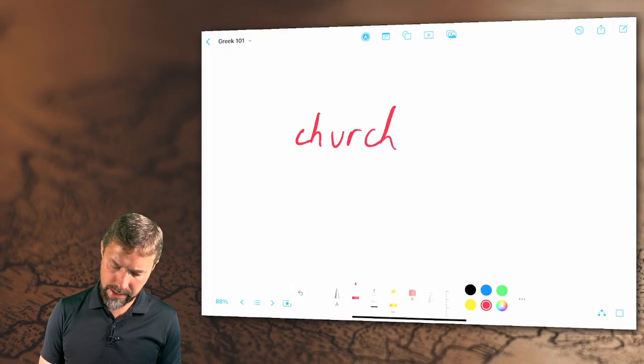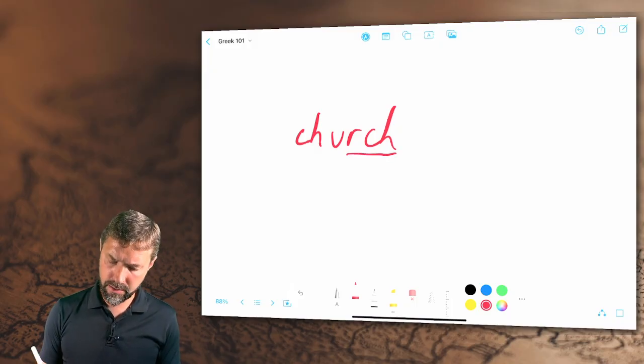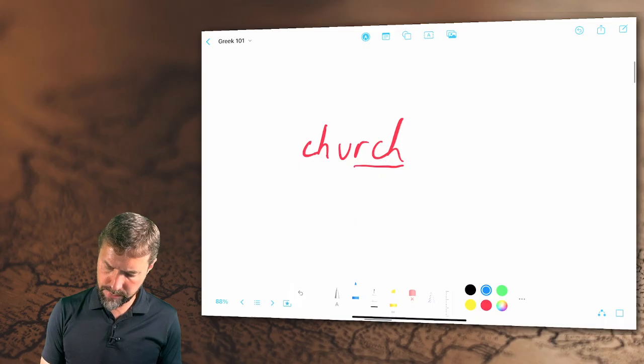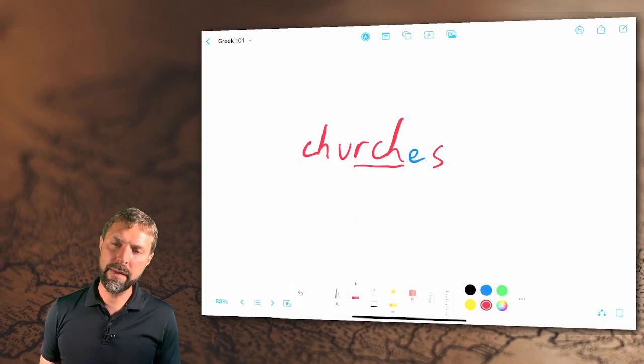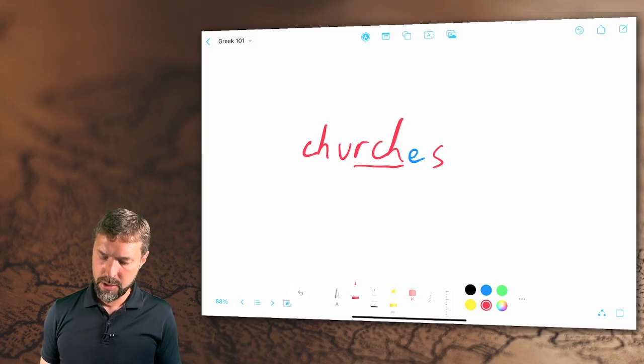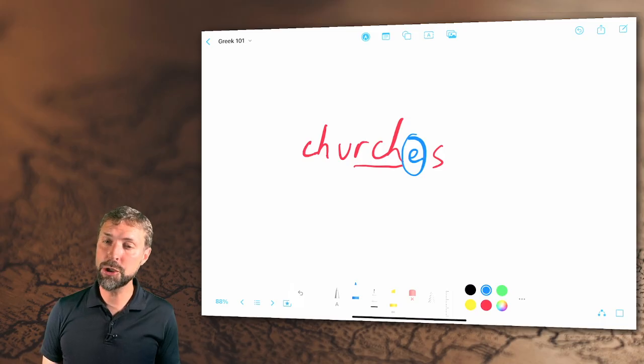By the time I get this consonantal cluster, church, you say, sounds fine to me, I'm putting just an S on it. No, actually what you end up doing is putting an E in between before you continue on with your S. It would be really hard to say church, church, church. It doesn't work, not like dogs, cats. You put an E in between to make this pronounceable, churches.